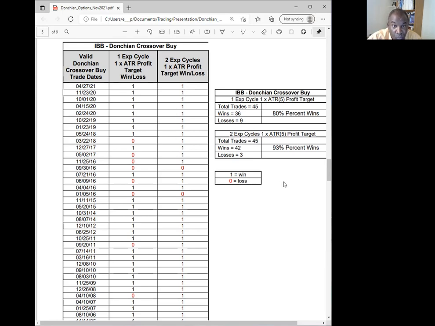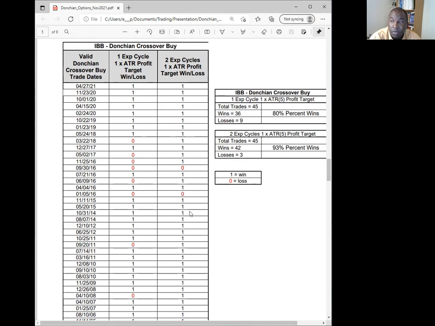One of the biggest ways we've made money over the years is by not having many losses. This would be a good example of knowing your numbers. When I have IBB valid, I am not going to go 1 expiration cycle, I'm going to go 2. If you don't have your numbers in front of you, and this is what we provide for anyone we're coaching, the stats.